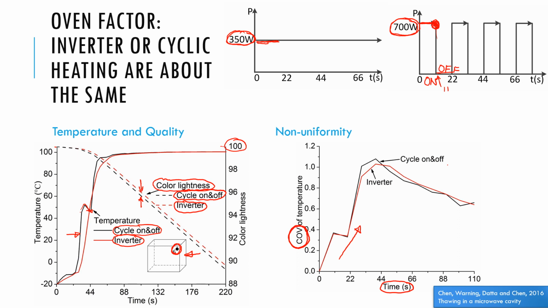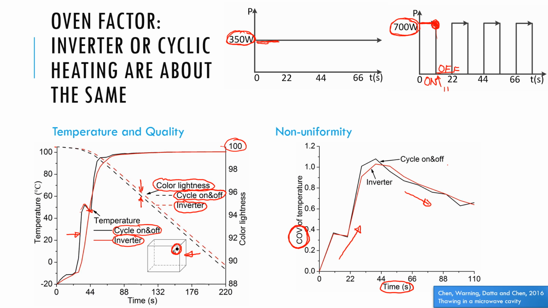Now diffusion increases with time, because as we just said, if the temperature differences increase with time, that will increase diffusion. Also, temperatures cannot go above boiling, so the non-uniformity eventually drops. So what you see is that the red line for the continuous heating and the black line for cycled heating are not that different.